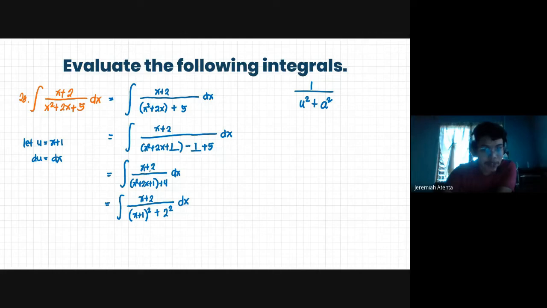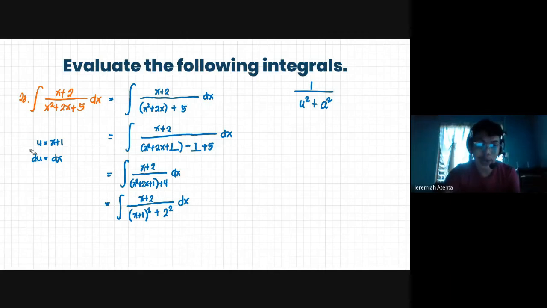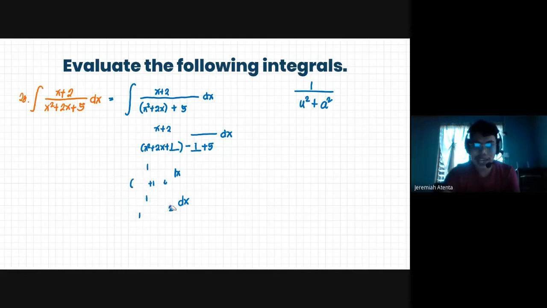Wait lang ha. If x plus 2, so magiging 2x plus 2. If we separate 2, so 1 plus 1, x plus 1, 2x plus 2. Okay, so lalabas si x plus 1. Okay, so there, nakita ko na siya. Sorry. Balik tayo. Medyo nalito tayo. Okay, take 2.